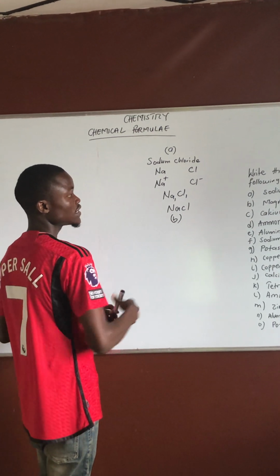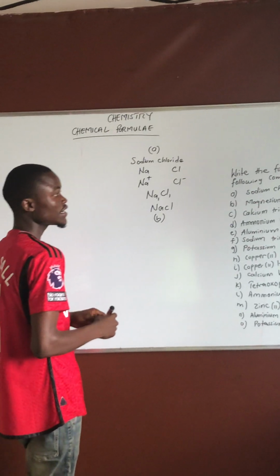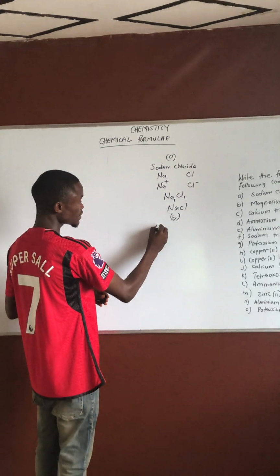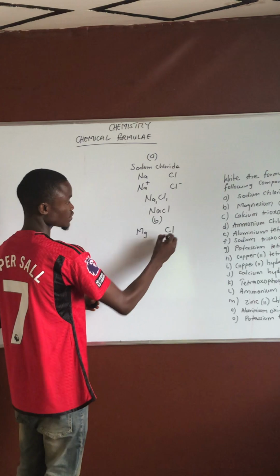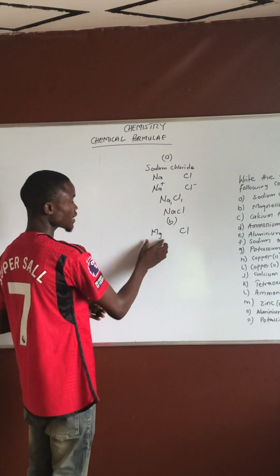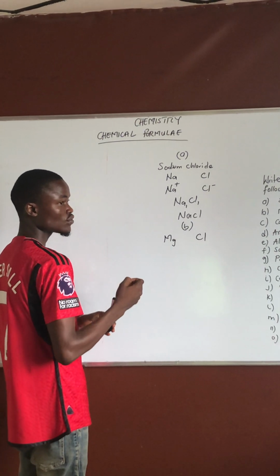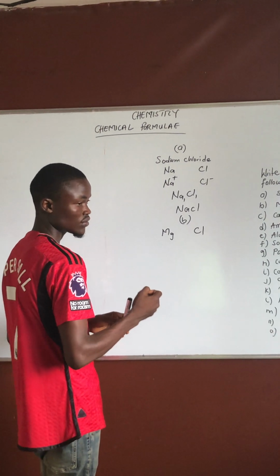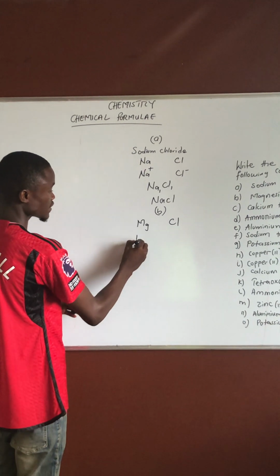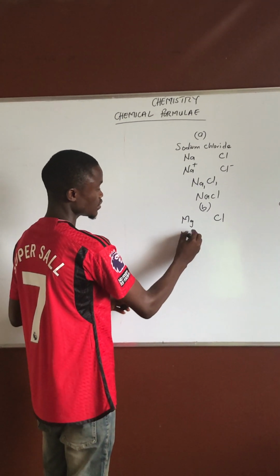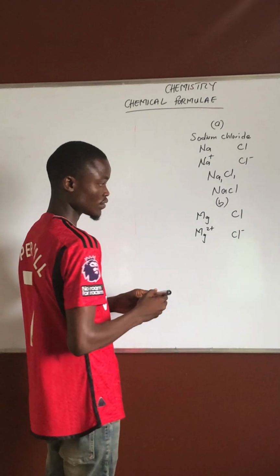Now we'll go for B. B here is magnesium chloride. The symbol for magnesium is Mg. For chlorine is Cl. Mind you, magnesium is in group 2 elements. So it needs to give 2 electrons in order to become stable. Therefore, the oxidation state for magnesium is Mg2+, while for chlorine is Cl-.